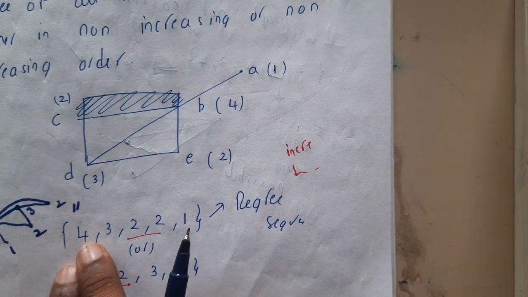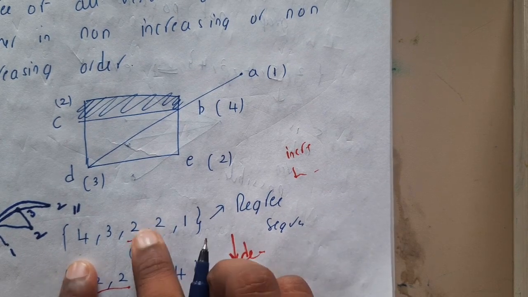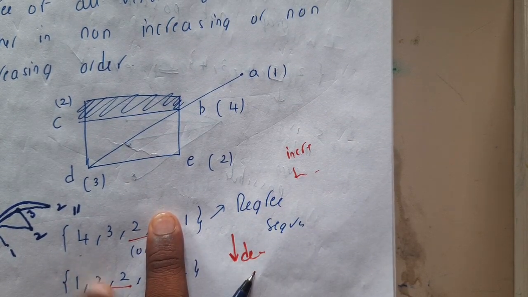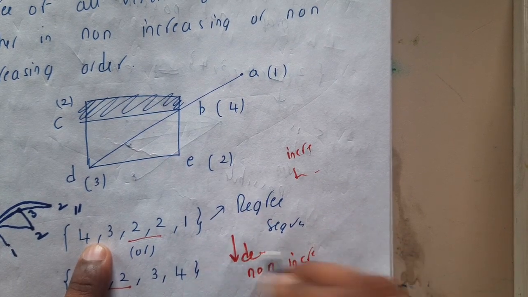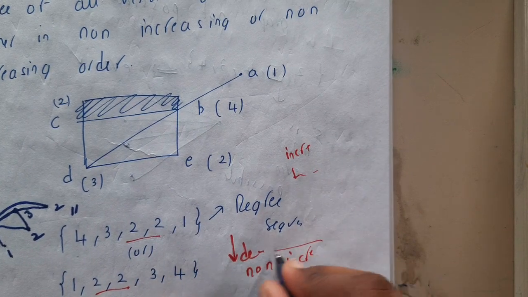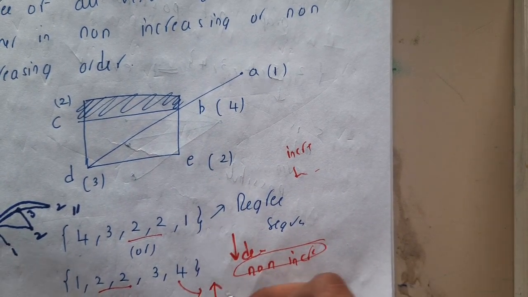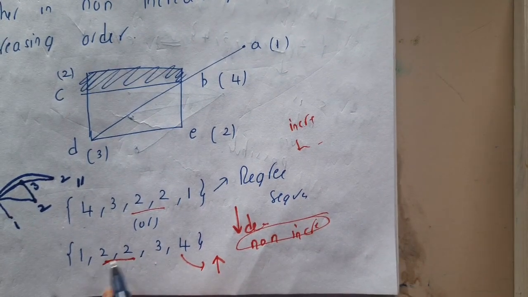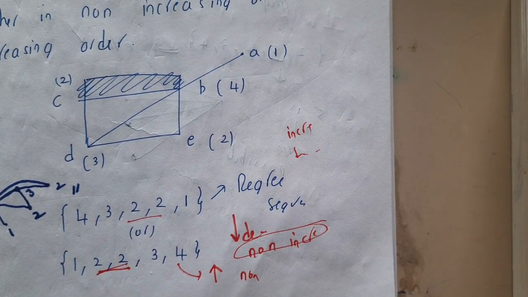Here the values are decreasing, so it would be decreasing order if there were no repetition. Hence this order is nothing but non-increasing. They are not increasing, so they could be constant. That is the reason it is called non-increasing. Similarly here they are increasing, but some of them are equal, so it is called non-decreasing. Simple logic to remember.